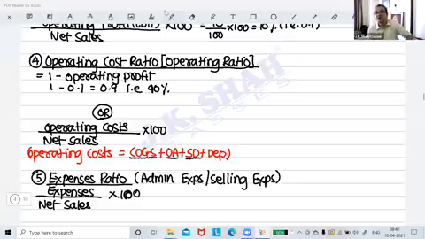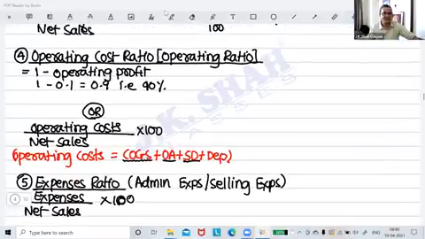If they ask us administration expense ratio, what will you write in the numerator? Administration expenses upon net sales into 100. If they ask you selling and distribution expense ratio, what would you write? Selling and distribution expenses upon net sales into 100. Is that clear, guys? Okay, great.